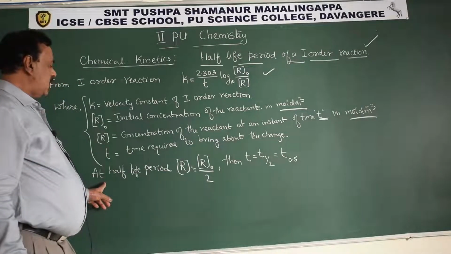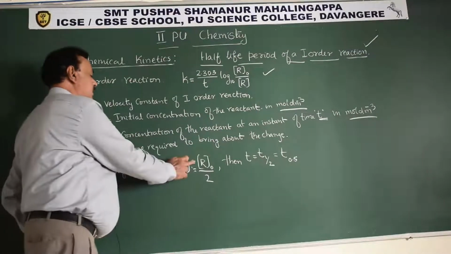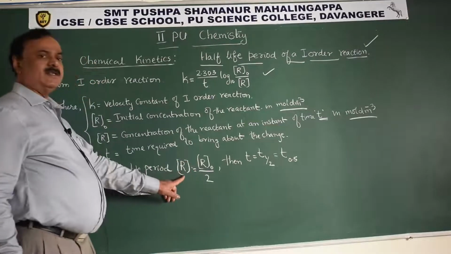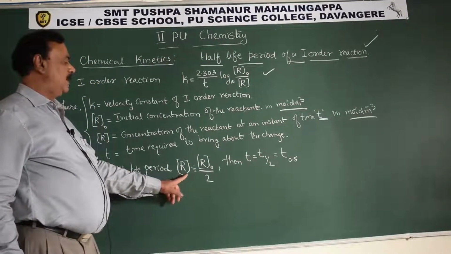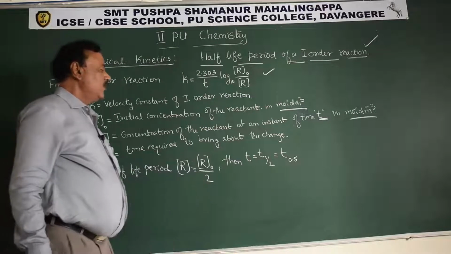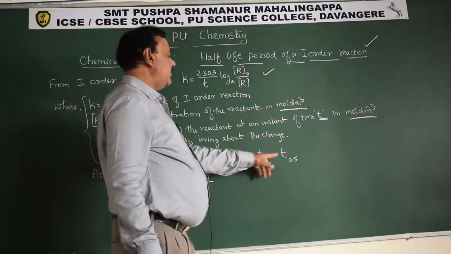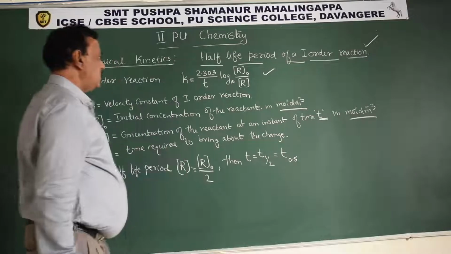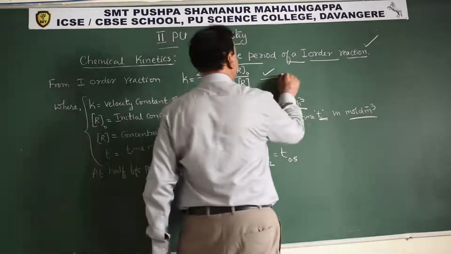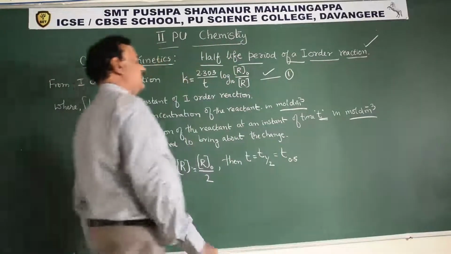At half-life period, R is given by R naught divided by 2, then T is equal to T half or T 0.5. Consider this as equation number 1.